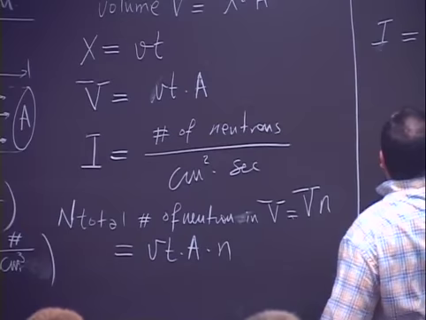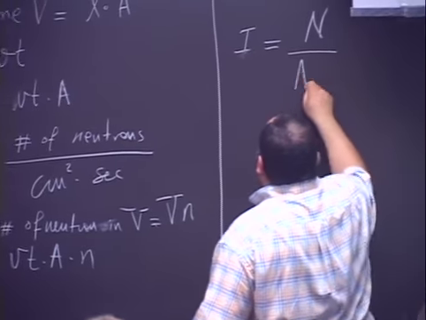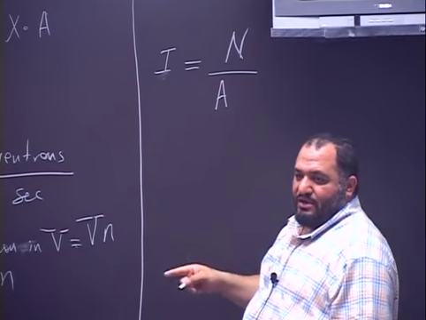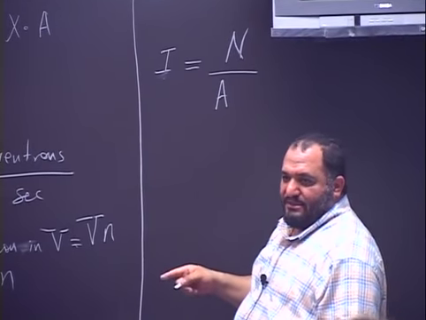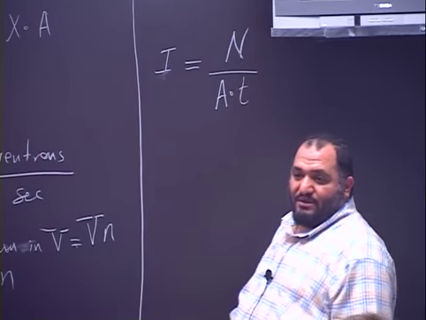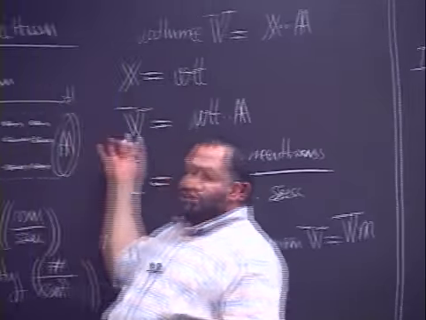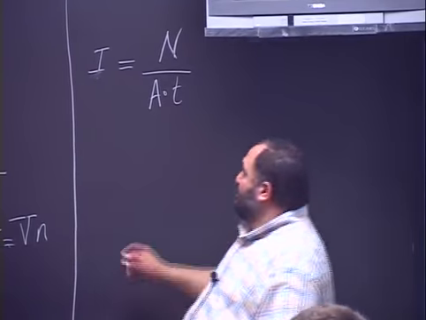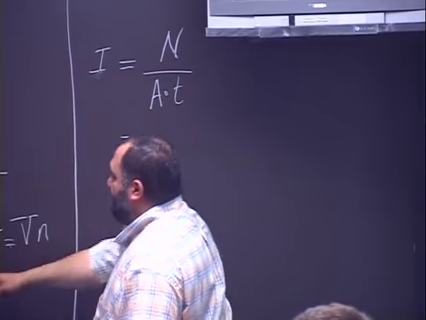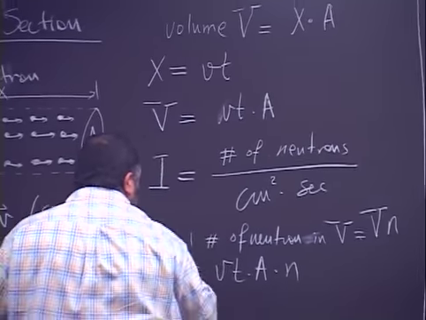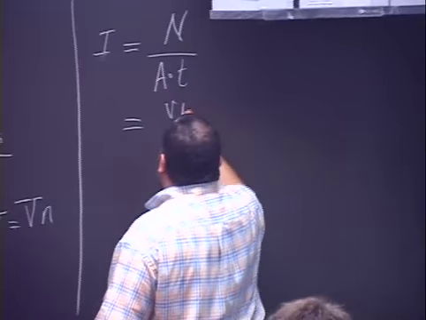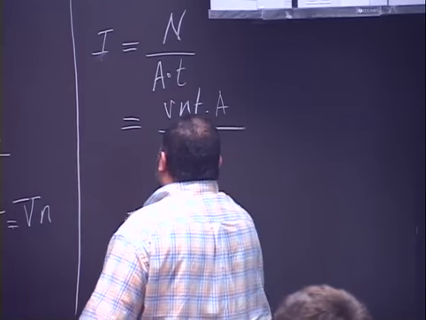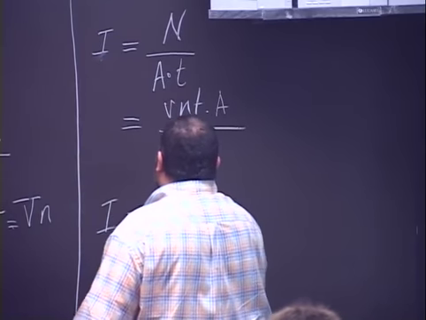If we divide N capital by the area, we get the total number of neutrons passing per unit area. And if we divide by the time it takes them to cross, we get the total number per unit area per second. So the intensity will be the total number, V n t A, divided by t A, and the intensity will always be n v.